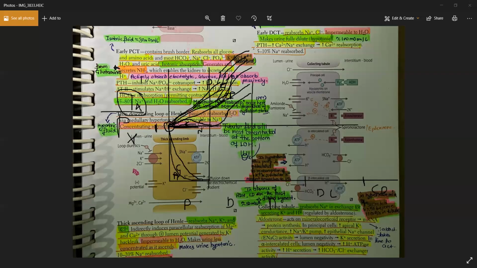Now, what happens in the ascending loop of Henle? You have some transporters, because this portion is impermeable to water. I cannot have water reabsorption, but I can have the absorption of these solutes. So that will decrease the concentration of some of the solutes, right? For example, what about the sodium and chlorine?